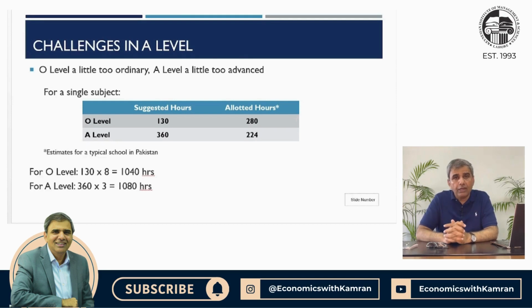Whereas for 1 A level subject, recommended teaching hours are 360. So for 3 A level subjects, recommended teaching hours are 1080. Many students do O level in 3 years, which is a 1040 teaching hour course, and do A level in 2 years, that is a 1080 hour teaching course. And along with that, they do SAT and they prepare university applications. So A level is quite tough.